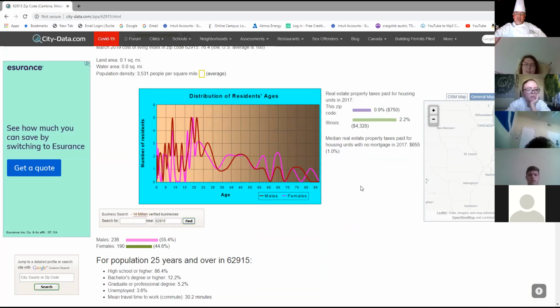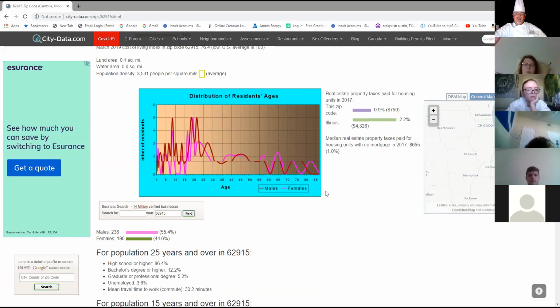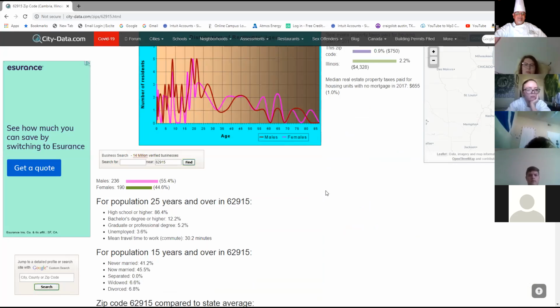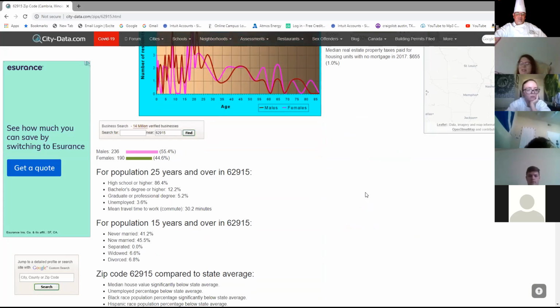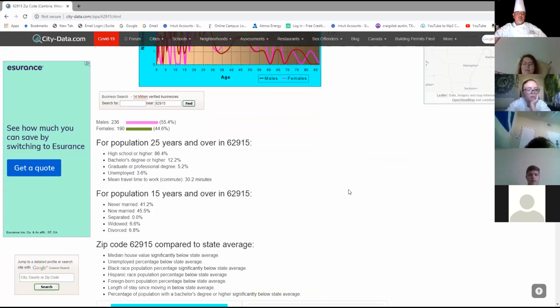Okay. Distribution of ages. What else? Males 236, 55%. Females 44%. Population 25 years and over is 6295. High school and higher 86%. Bachelor's or higher 12%.